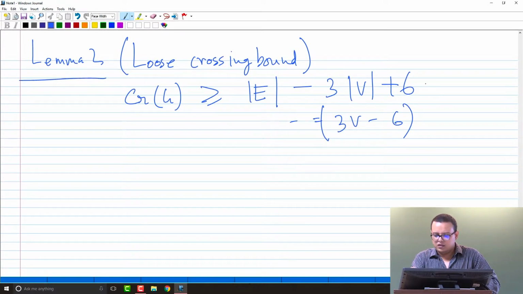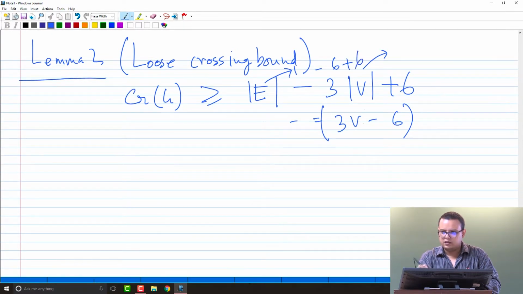So, let us say if v is equal to 2, how many edges can you have? 1 or 0. So, let us say 1 minus 6 plus 6. Okay, good. So, it should be greater than or equal to 1.